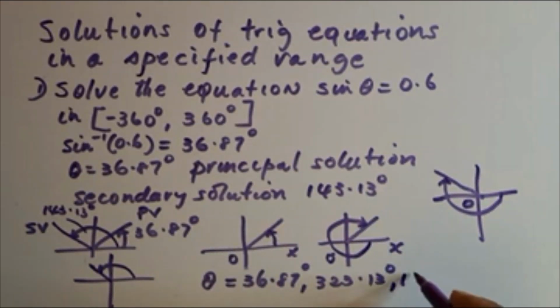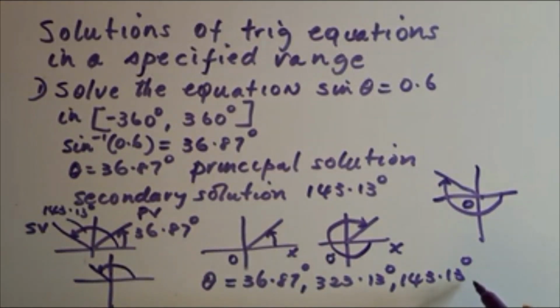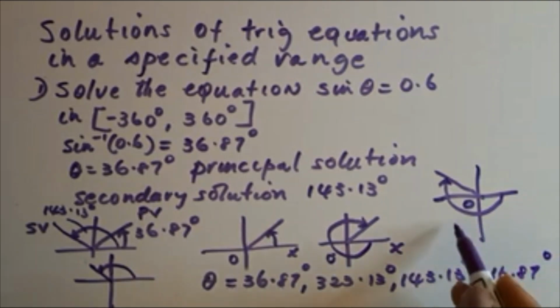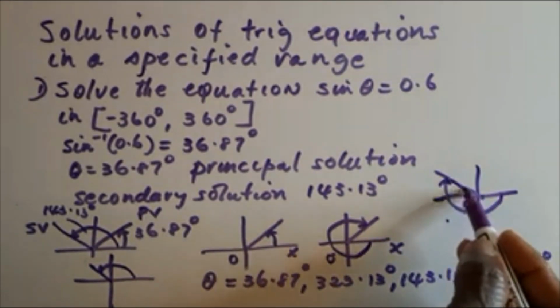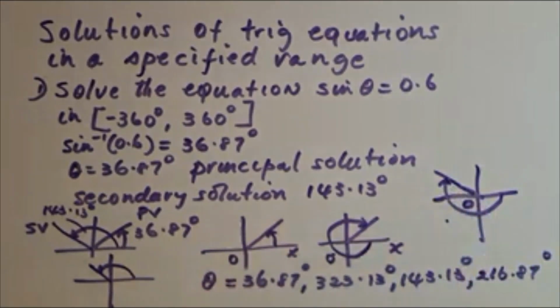We have 143.13. This is the secondary value or secondary solution. That's this diagram. And then lastly, we have 216.87 degrees. And that's this angle here, or this diagram, showing the angle measured from the positive x-axis.